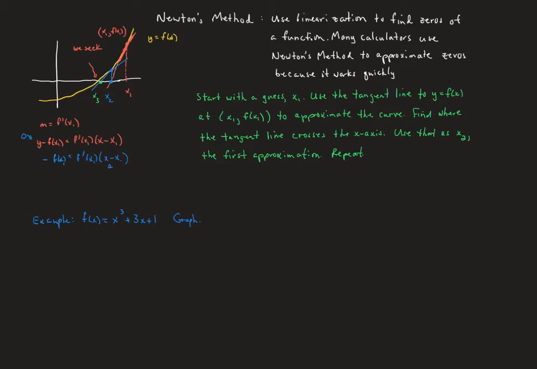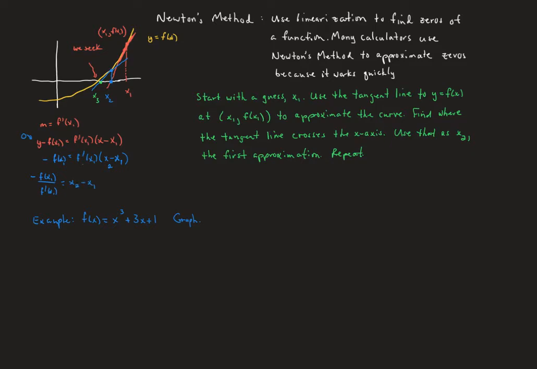This is what we're trying to solve for, this x2. What value of x will make this tangent line equal to 0? So we'll divide the derivative over. That's now going to be negative f of x sub 1 over f prime of x sub 1 is equal to x sub 2 minus x sub 1.